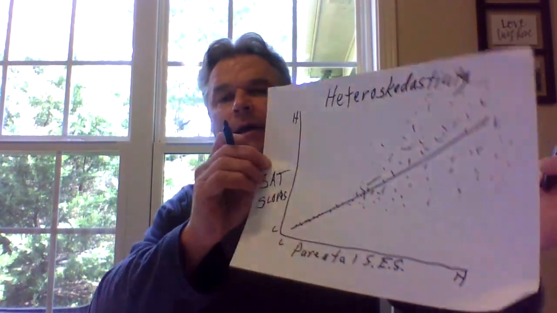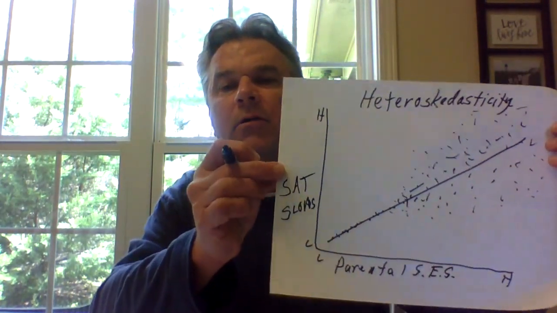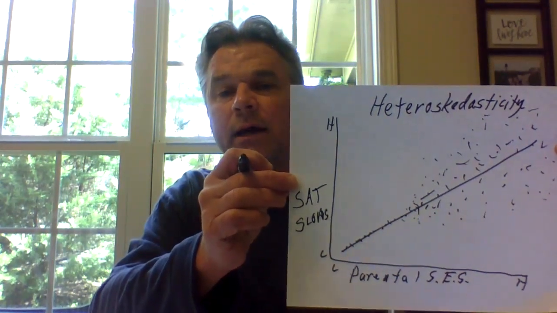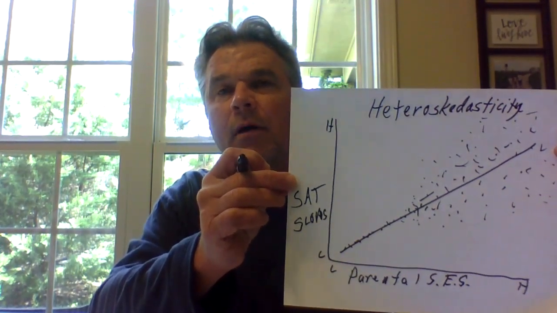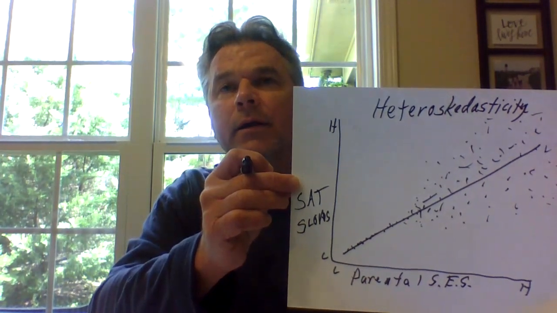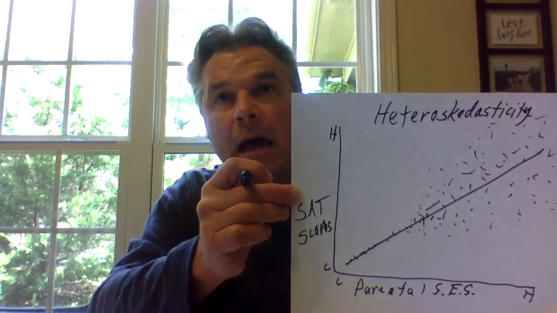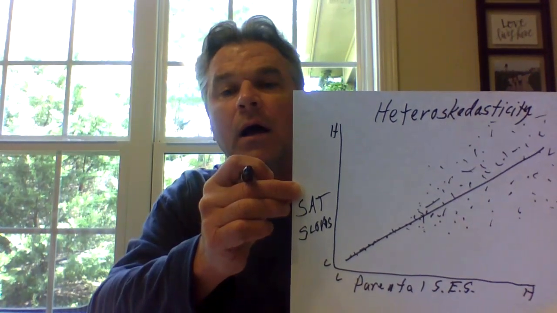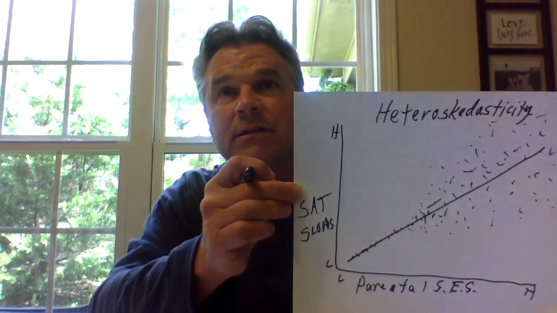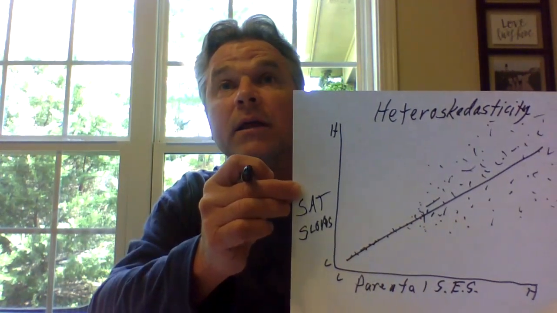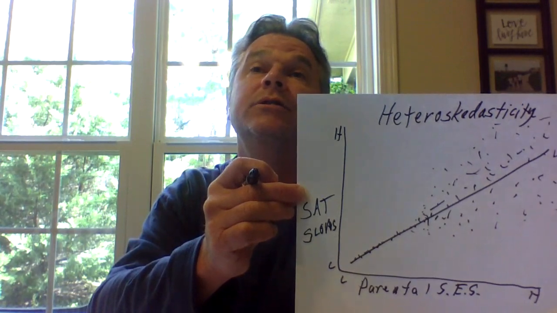So it looks like that. Okay, so that's a really good question, Michael. Let me put this another way. Is there something about high socioeconomic status households or parents that we don't understand?